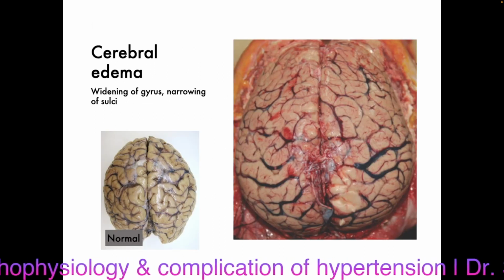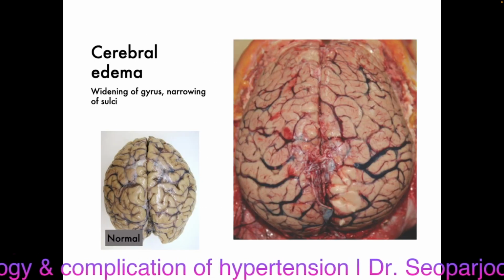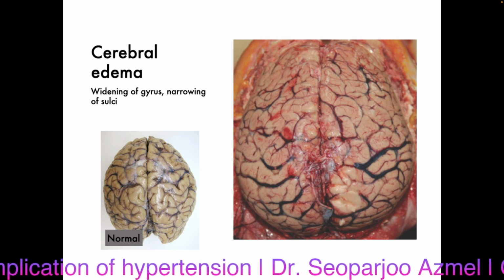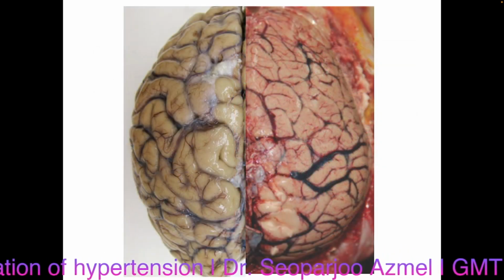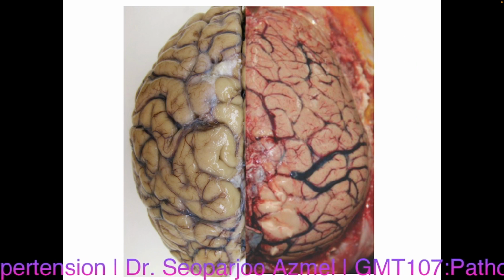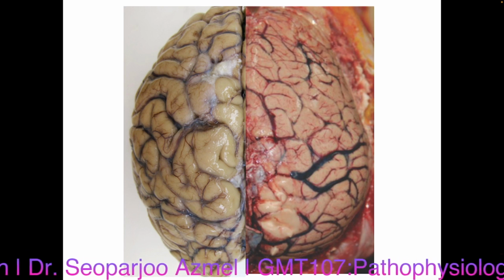So again, if you compare the normal brain with the hypertensive encephalopathic brain, you put them side by side. On your left is the normal brain, on your right is the hypertensive encephalopathy brain.